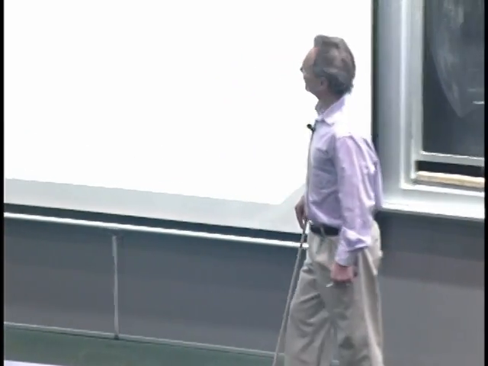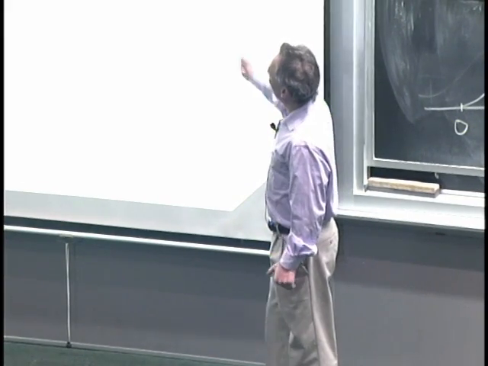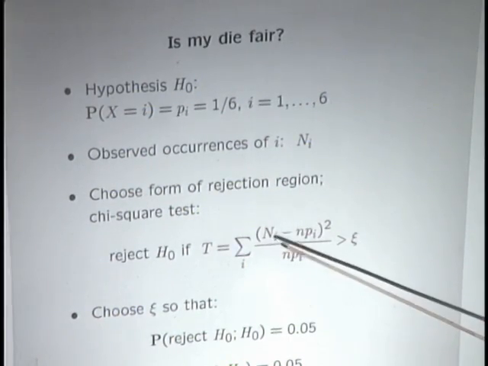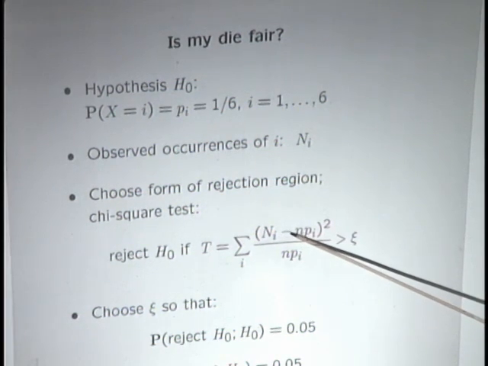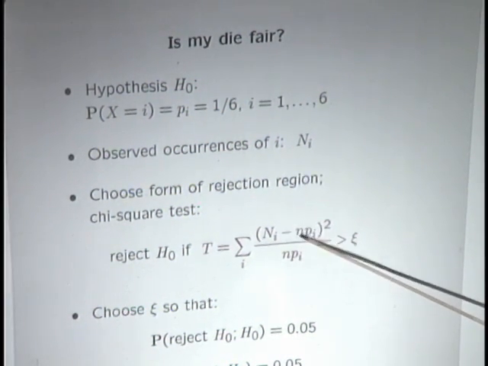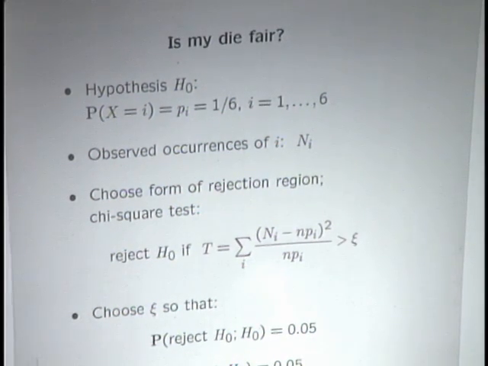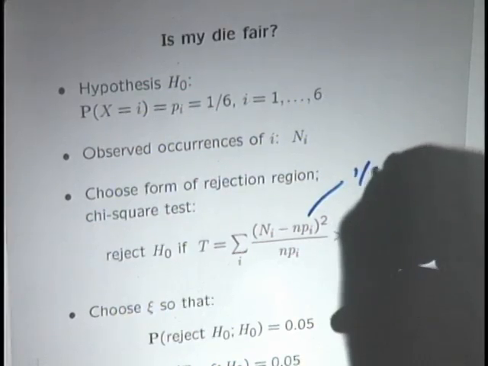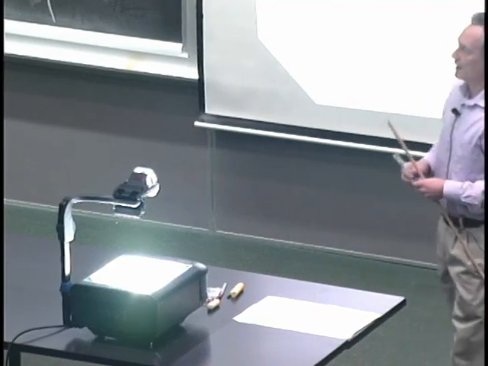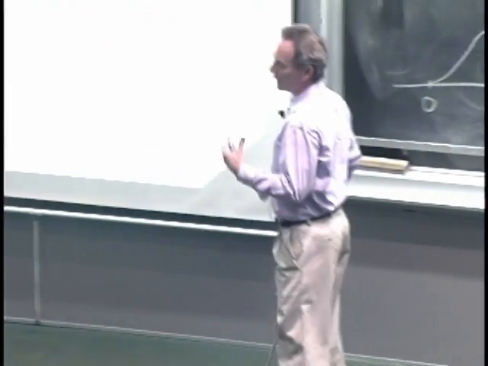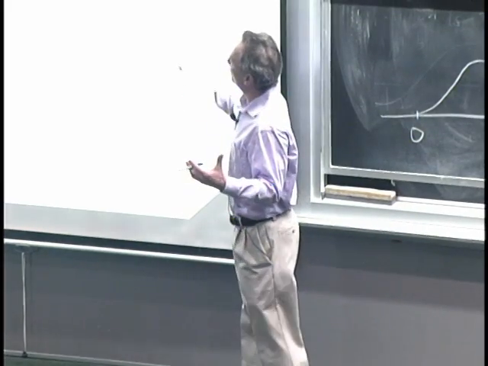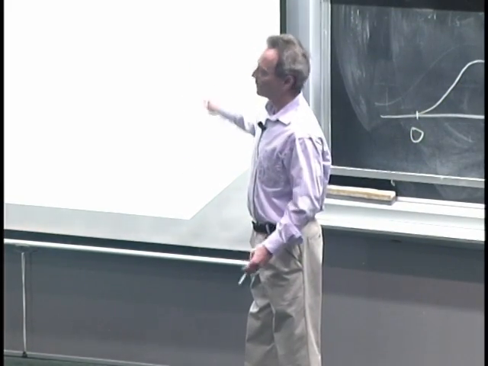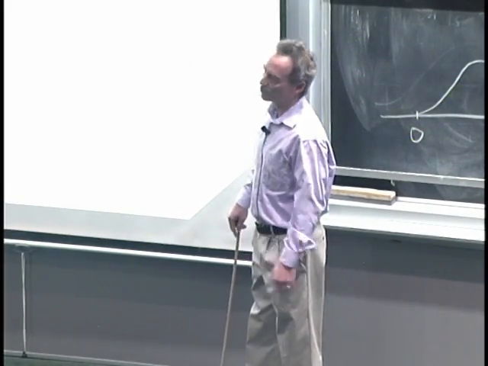What does compatible with my hypothesis mean? Under the null hypothesis, N_i should be approximately equal, or is equal in expectation, to n times little p_i. And in our example, this little p_i is, of course, 1/6. So if my die is fair, the number of ones I expect to see is equal to the number of rolls times 1/6. The number of twos I expect to see is again that same number.